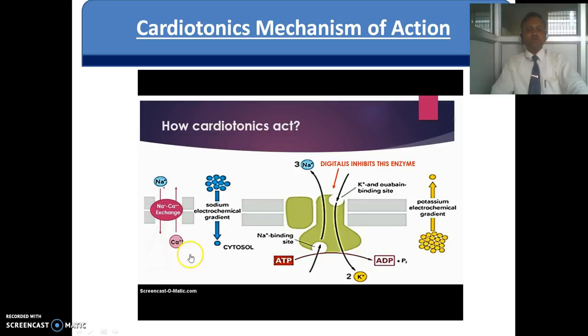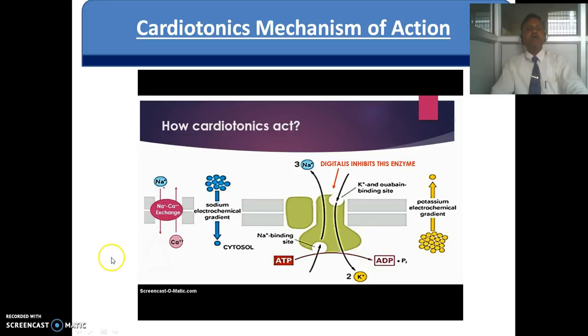So accumulation of calcium inside the cell triggers the release of more calcium into the cytoplasm, and such release increases the total amount of calcium in the cytoplasm. As calcium is responsible for muscular contraction, this accumulation as well as release from endoplasmic reticulum sufficiently increases the calcium ion concentration in cardiac muscles to trigger forceful contraction of the cardiac muscles.